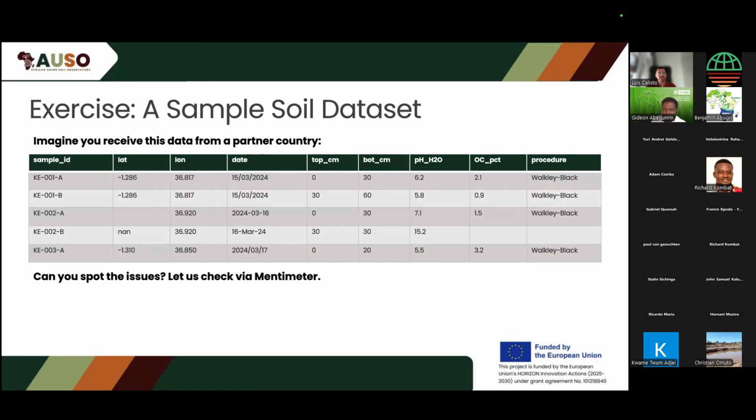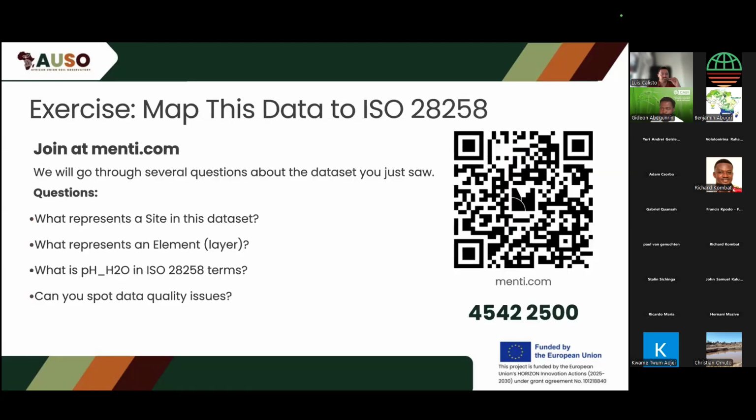Let me check if I have the Metimeter here. Give me a second. So the Metimeter is here. Wait, I think I just made a mistake here.